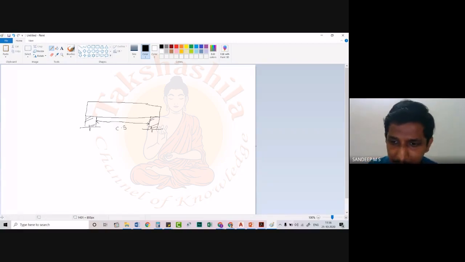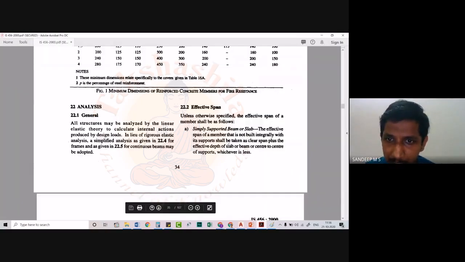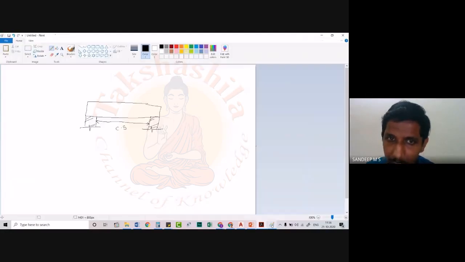Now what is mentioned here in this code? It is mentioned that it shall be taken as clear span plus the effective depth. That is your first condition. So basically first what you have to do is add up this clear span plus effective depth, that is small d.